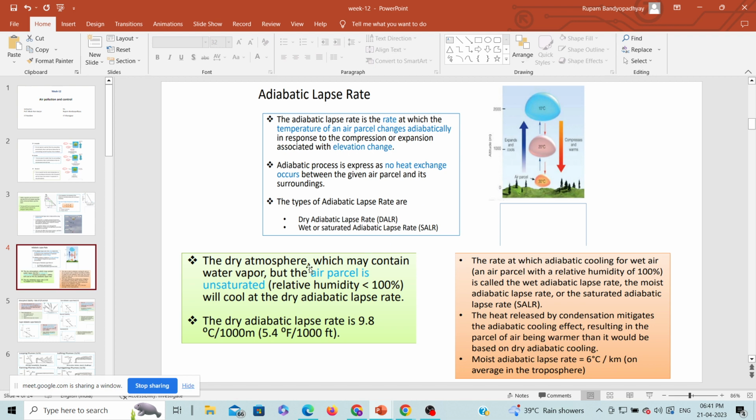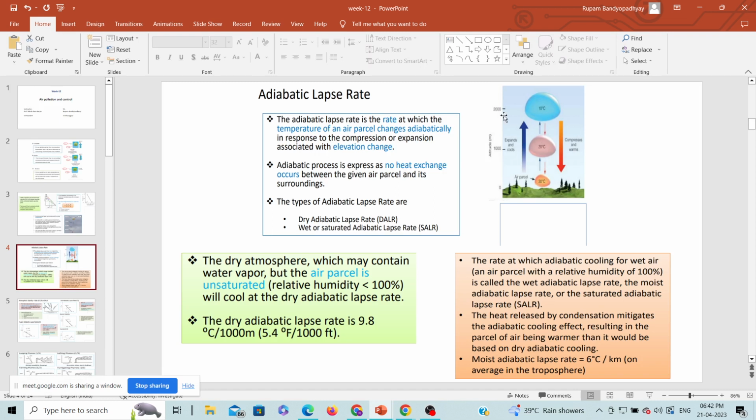The dry atmosphere is when the relative humidity is less than 100%, so the air parcel is unsaturated. That is the dry adiabatic condition, and in this condition the lapse rate is 9.8, or sometimes mentioned as 10 degrees centigrade per 1000 meters. Here it is considered as 10, so in 1000 meters, 30 degrees centigrade decreases to 20 degrees centigrade.